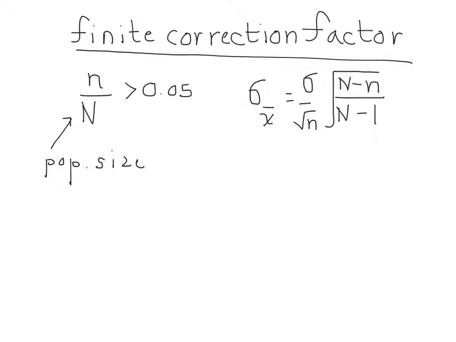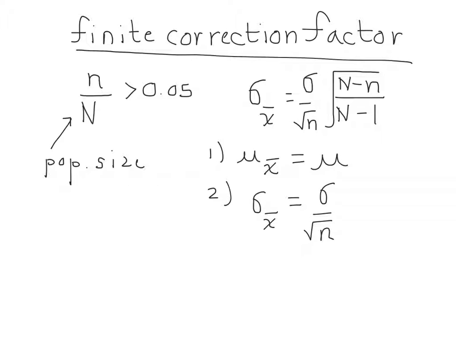So when you think about a situation where you're asked to find the probability of getting a particular sample average or more, or a particular sample average or less, we know that step 1, we find the mean of the sampling distribution, which should equal the mean of the population, and step 2, we find the standard error of the sampling distribution, which should equal the standard deviation of the population over root n.